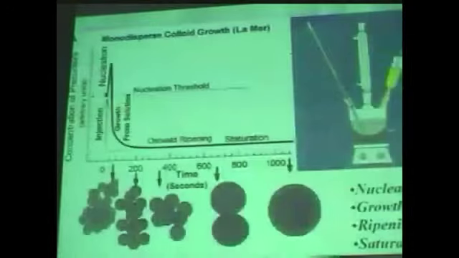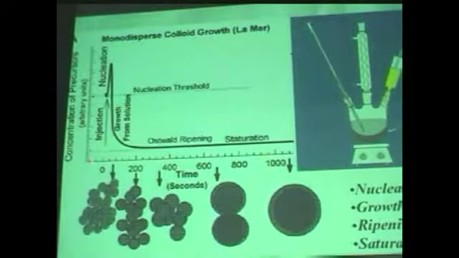So before starting the description of the synthesis of the different kinds of nanoparticles, we will see the four mechanisms of nanoparticle formation. There are four mechanisms: nucleation, growth at the nanoparticle surface, Ostwald ripening, and saturation or fusion.